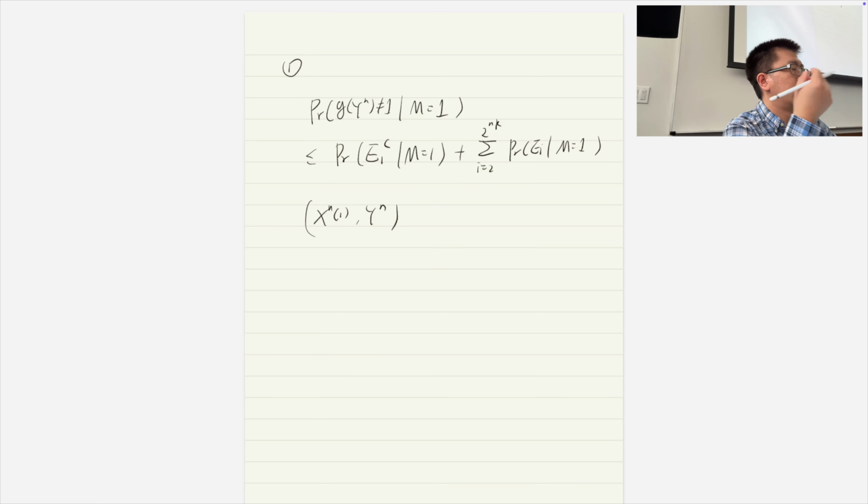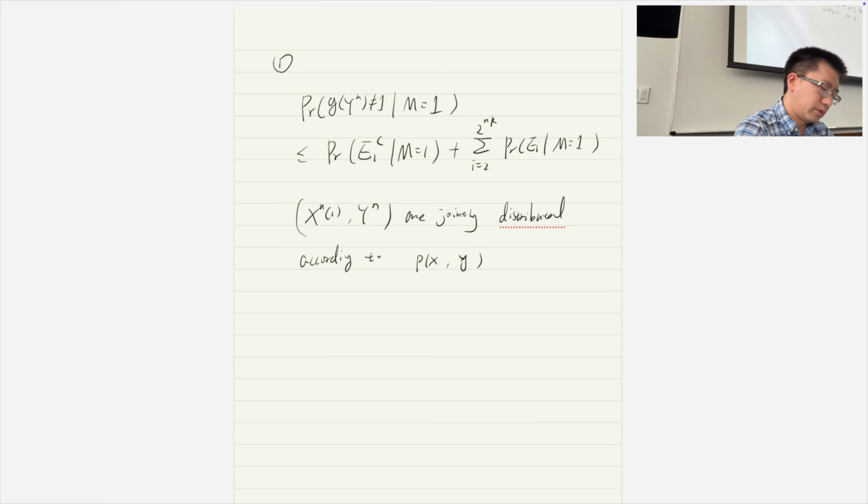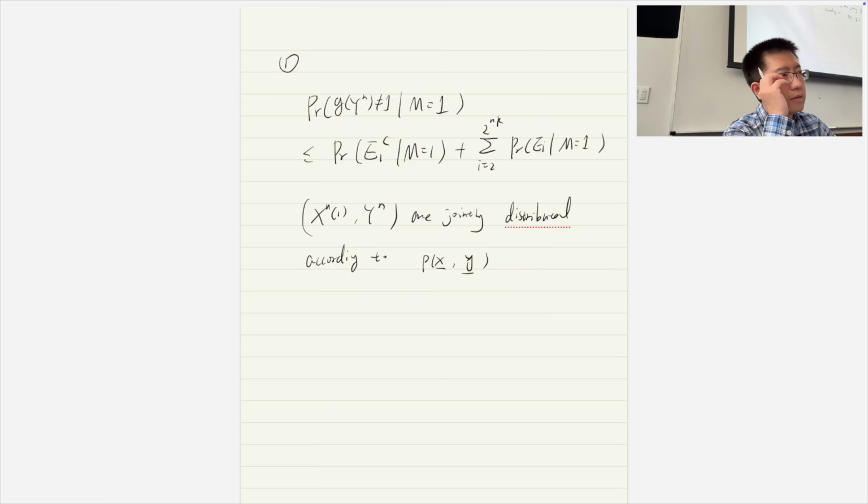We use random coding to generate these, so they are jointly distributed according to P(x^n, y^n). Normally this is how I write it, as a vector.